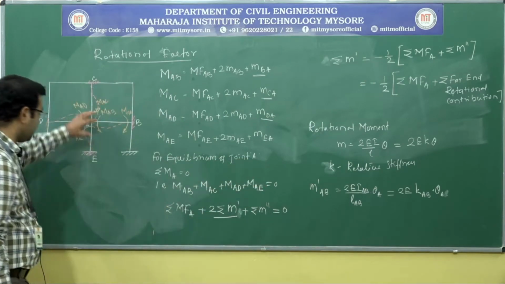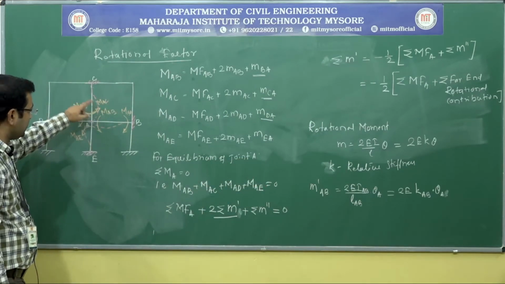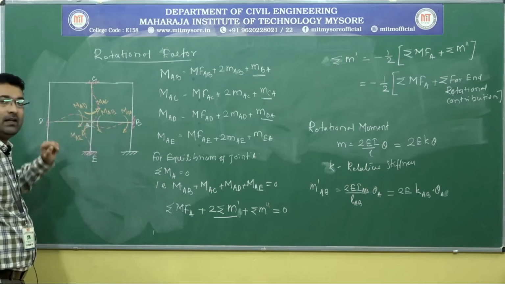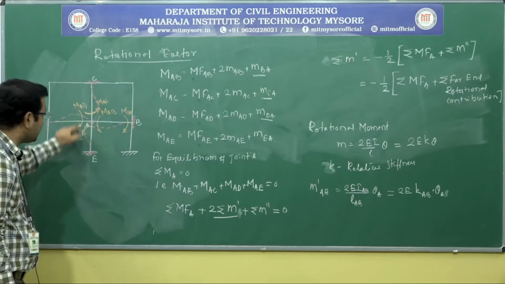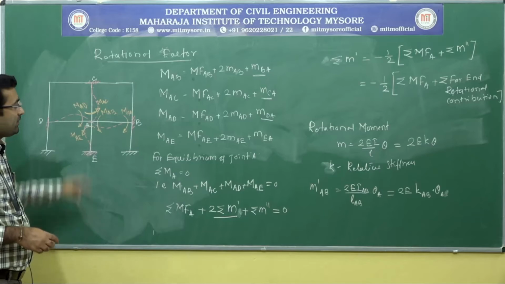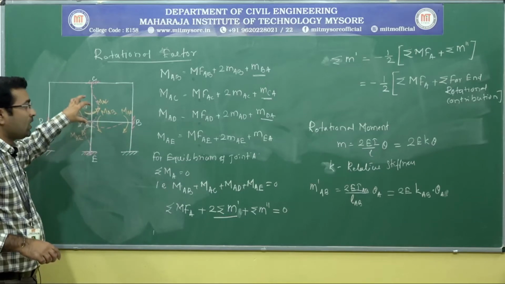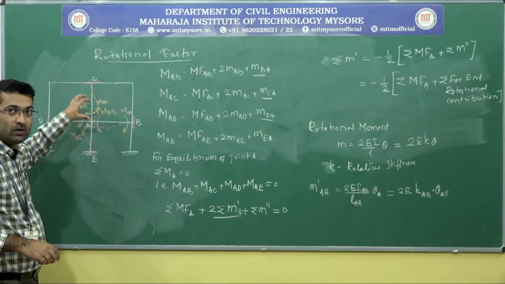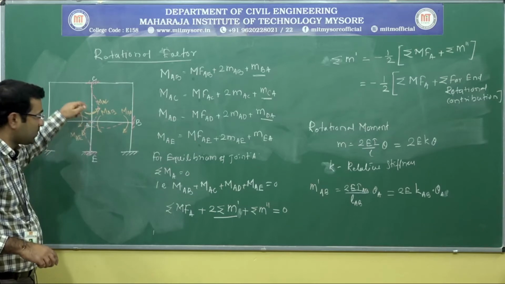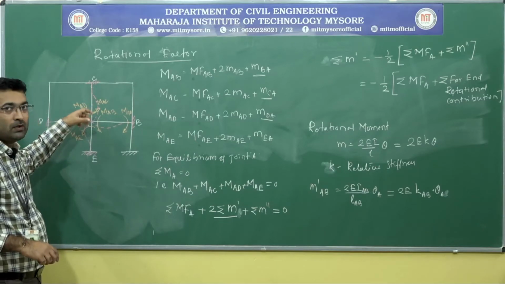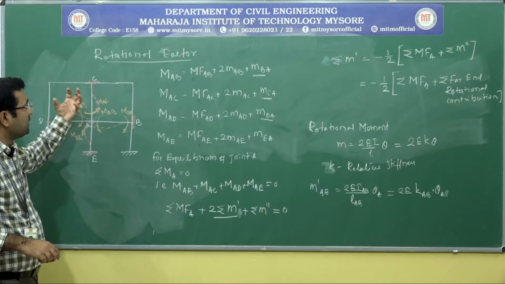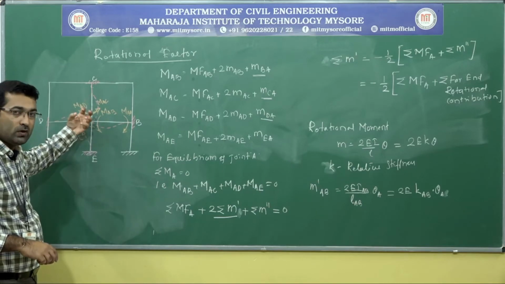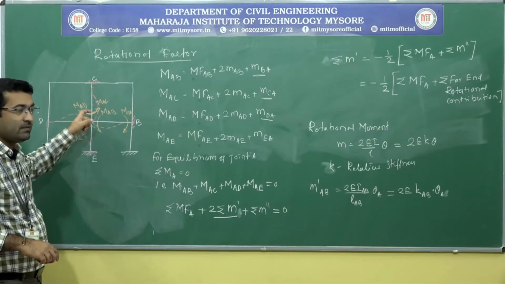Let us assume that in this situation there are many members at the joint A. If I want to determine the total rotational contribution, or the total rotational moment, at the joint A, then I need to take the summation of all the rotational contributions of every member.